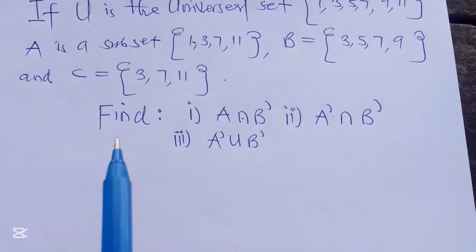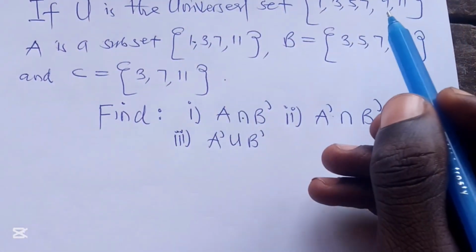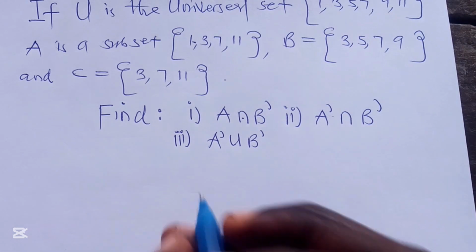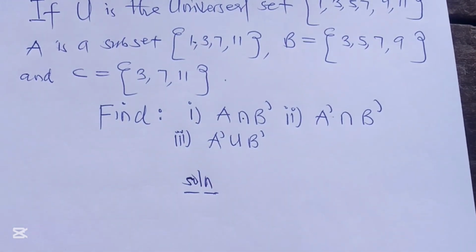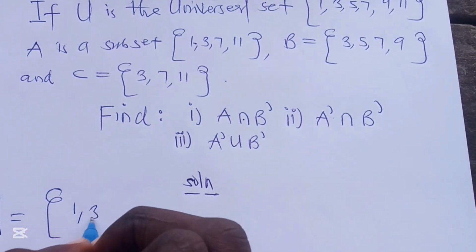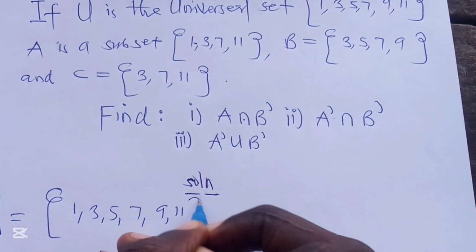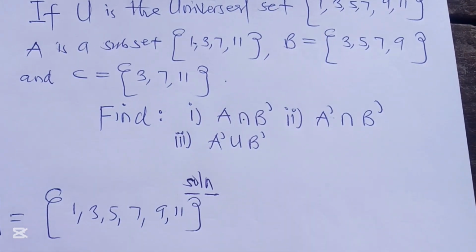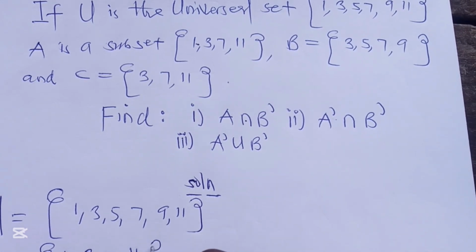Now the question reads, if U is the universal set. Solution: we are given U as 1, 3, 5, 7, 9, 11. Then we are given A as 1, 3, 7, 11.